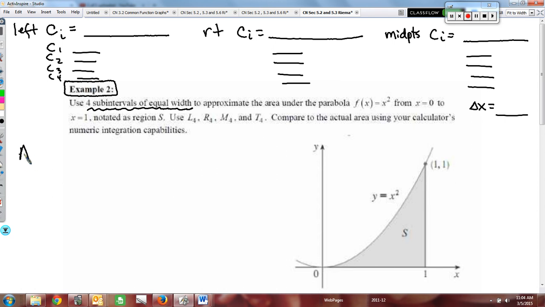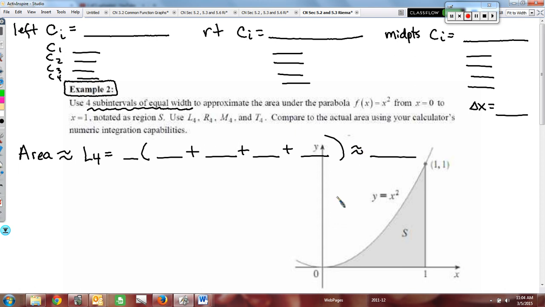So I want you to go area is approximately, we're going to do L4, and you're going to give me your delta x times, so you'll fill that in, and you have 4 values right here. And just go ahead and put it in f of notation so we see it. Then calculate it using your calculator and give an answer.